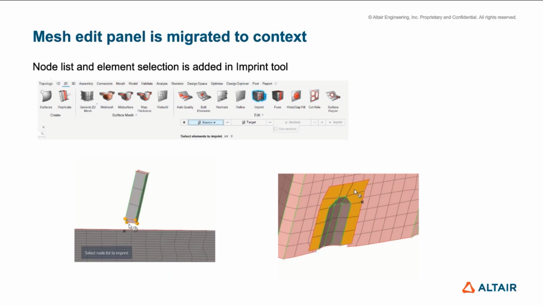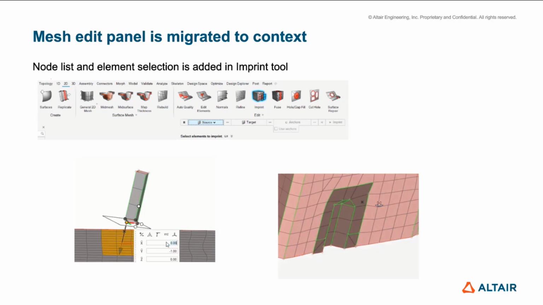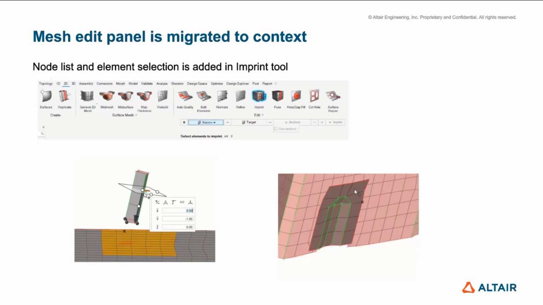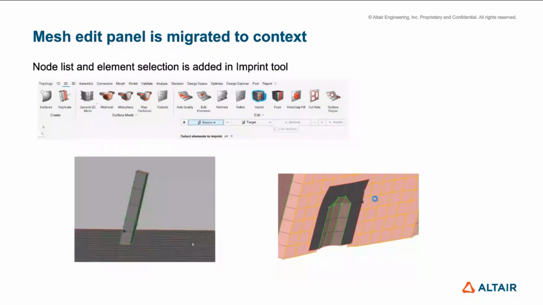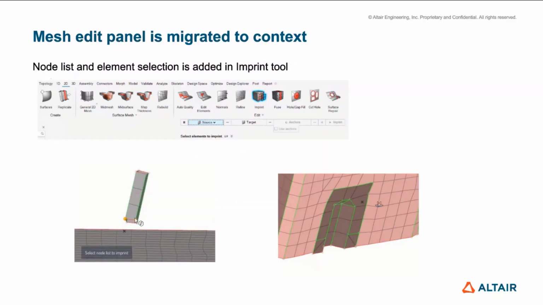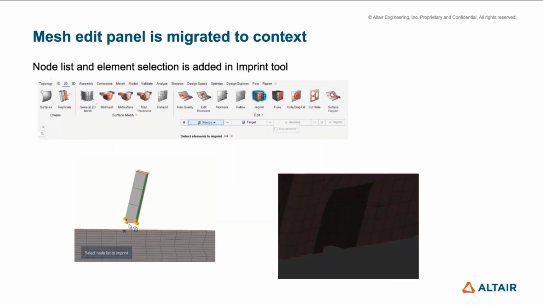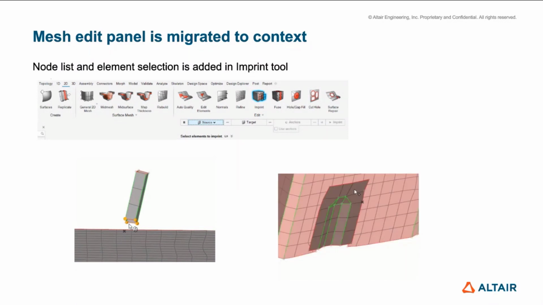So all of the other options, like create patch, or if I just want to move the source to the target, or if I just want to imprint the nodes, or keep the mesh pattern the same between source and target, all of those use cases can be handled via mesh imprint. So basically, mesh imprint and geometry imprint are consolidated into an imprint tool, which can be found under 2D now.